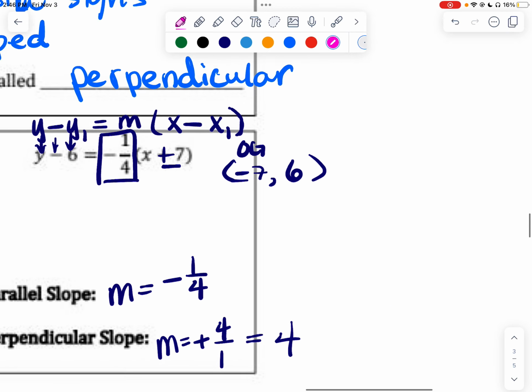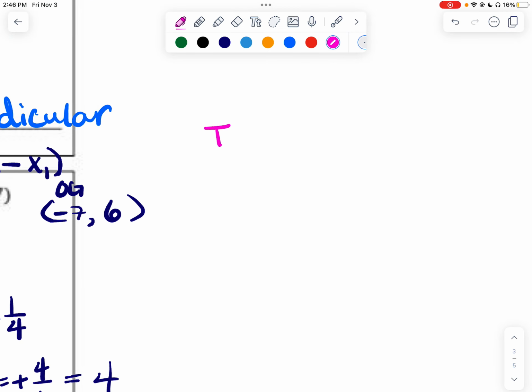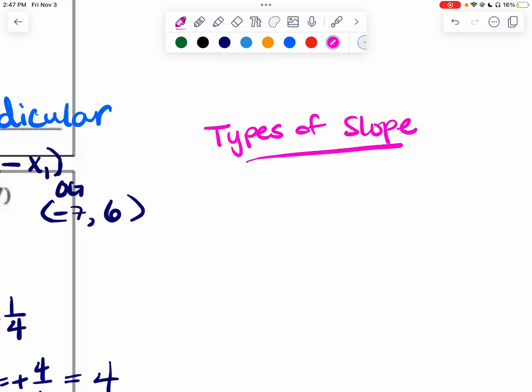When we think about our types of slope, we have a little cheat sheet called Slope Mountain that tells us about slope, right? If I'm going from left to right, I'm going up. This is positive slope. If from left to right I go down, this is negative slope.